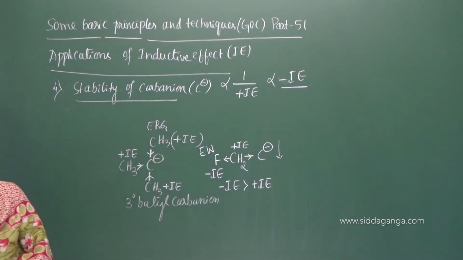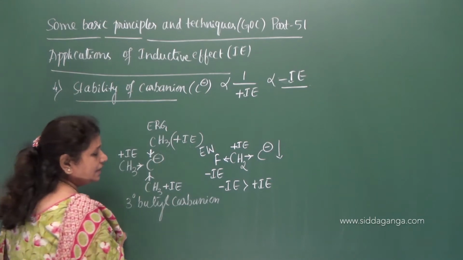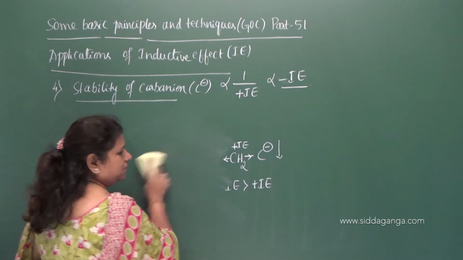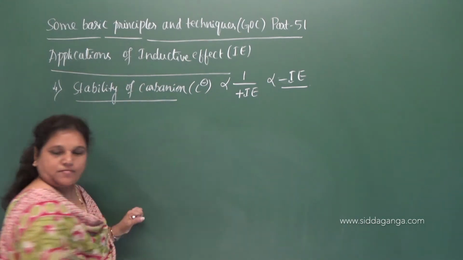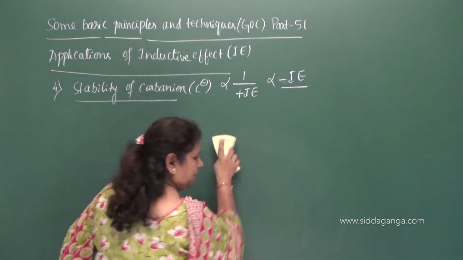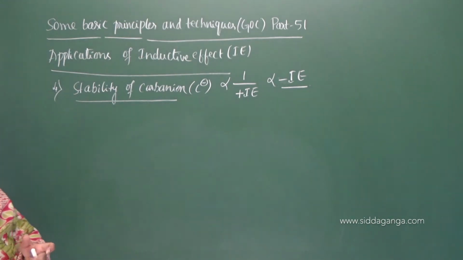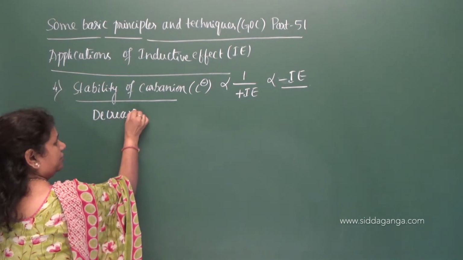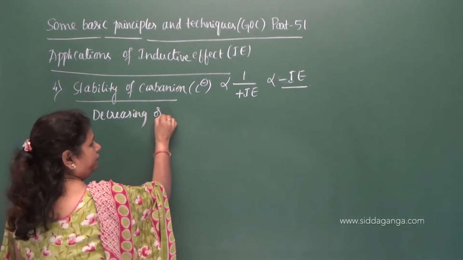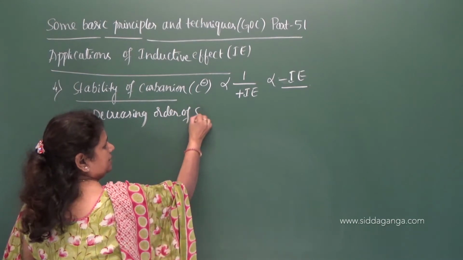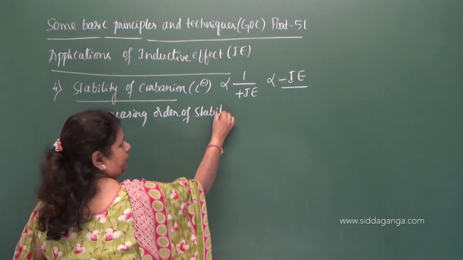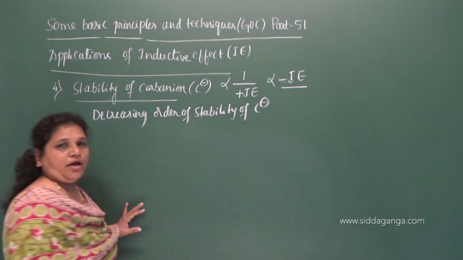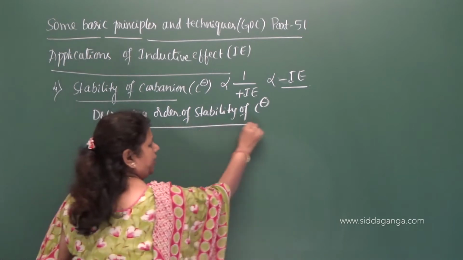Now, on the basis of that, let me give the decreasing order of stability of the carbanion. Let me give the examples here. Take the first one: the decreasing order of stability of different carbanions.